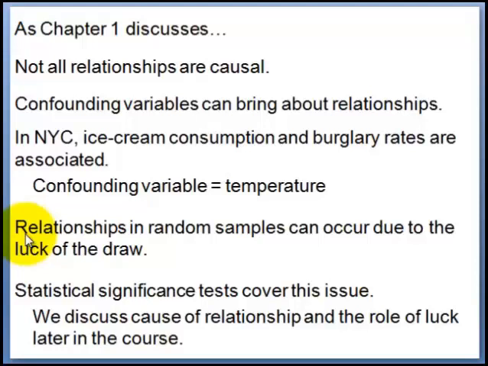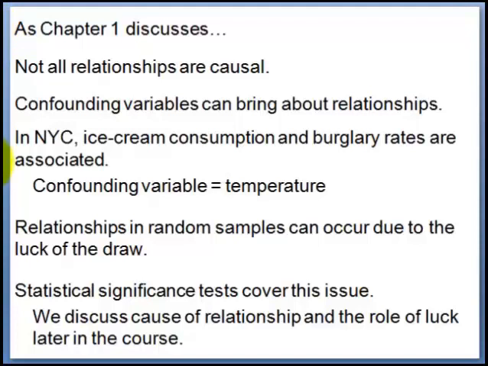Now, statistical significance studies this issue. In other words, it examines how plausible it is that the relationship that we see in our random samples is due simply to the luck of the draw, which is to say, simply due to chance.